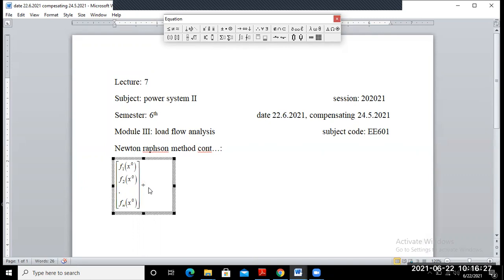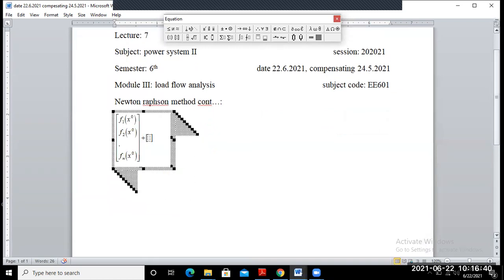Del f1 by del x1 calculated at x equal to x0, partial differentiation with respect to x1.